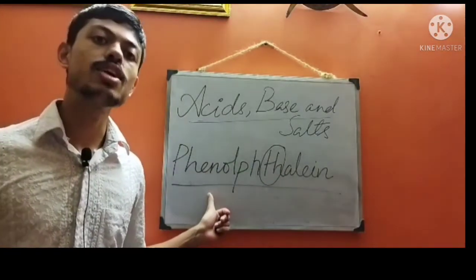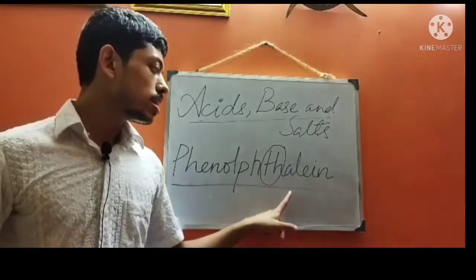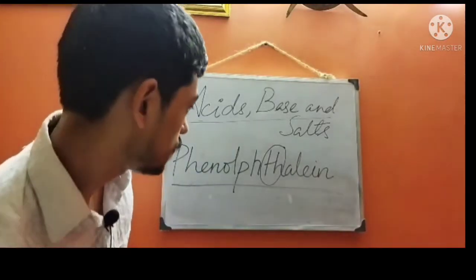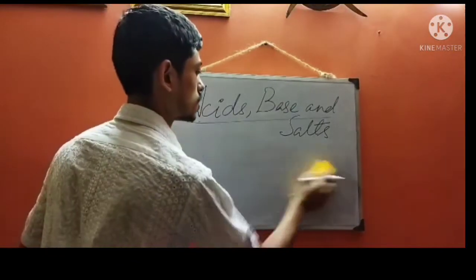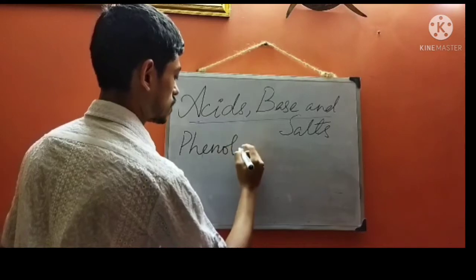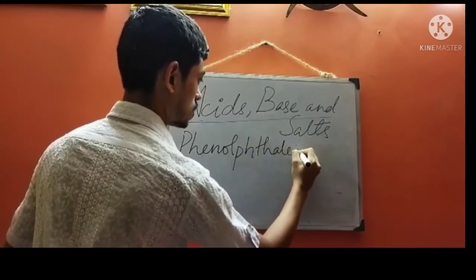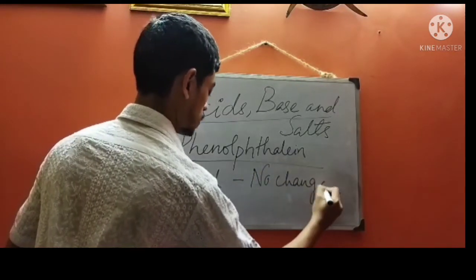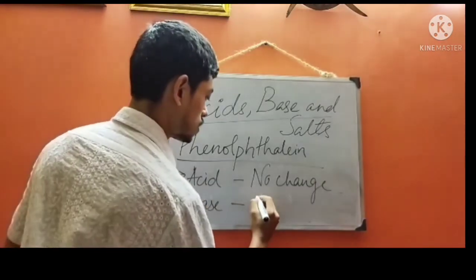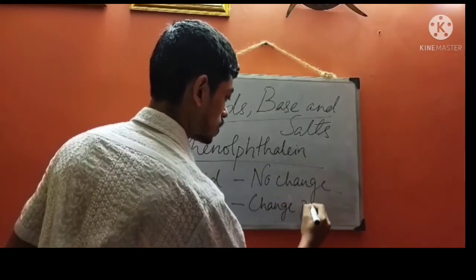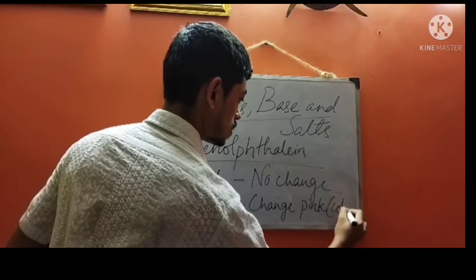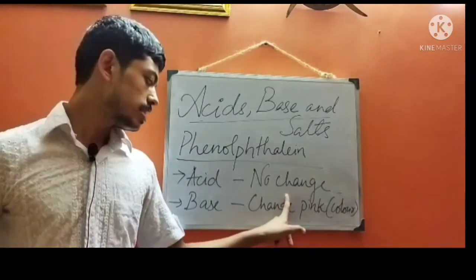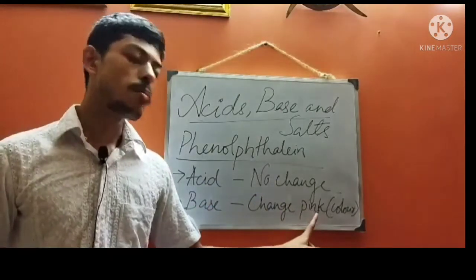In case of phenolphthalein, it would give no color in presence of an acid, whereas in presence of a base it would turn pink in color.